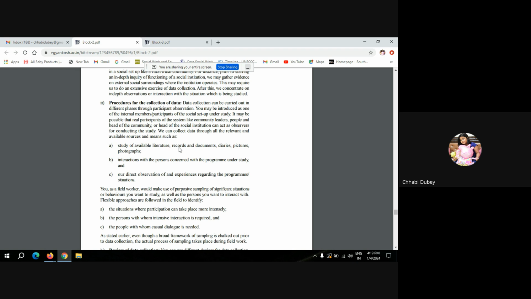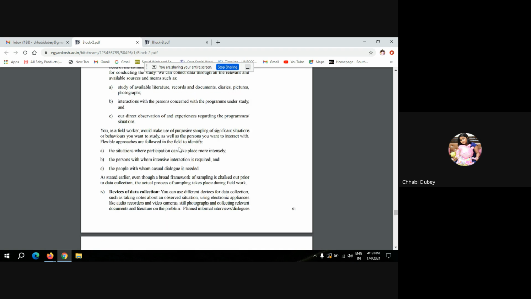And as a field worker, generally we will find the use of purposive sampling of significant situations or behaviors. We follow some very flexible approaches in the field to identify the situations where participation can take place more intensely, the persons with whom intensive interaction is required, and the people with whom casual dialogue is needed.